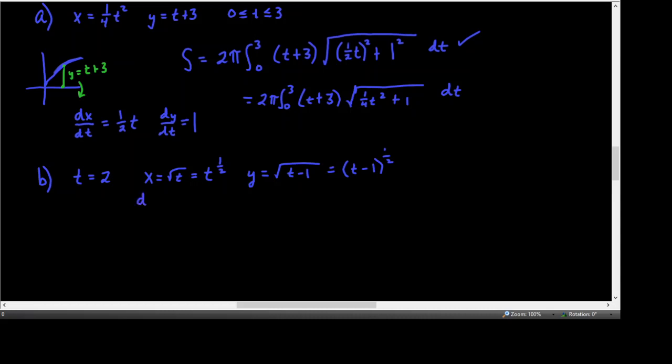So because we're doing slope, we're going to need dy/dx, and that's going to require that we find dx/dt and dy/dt.